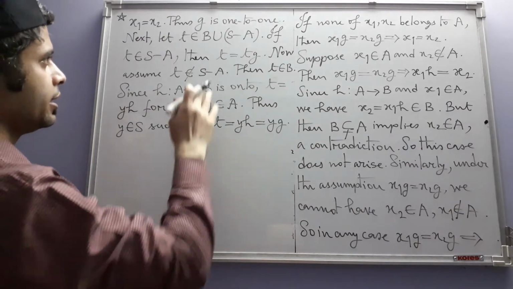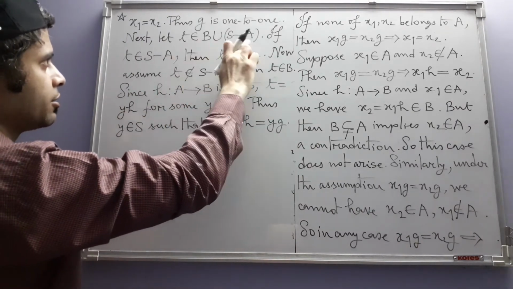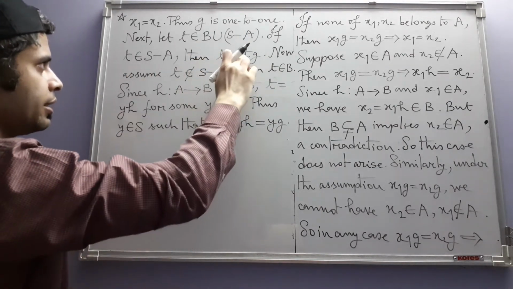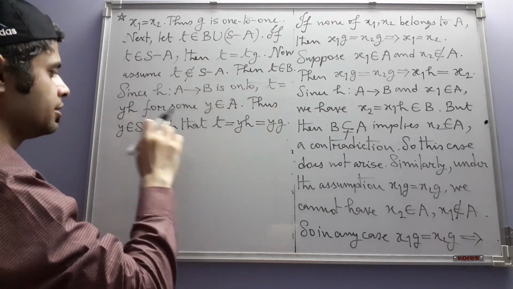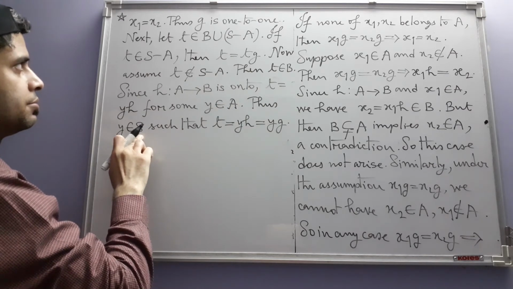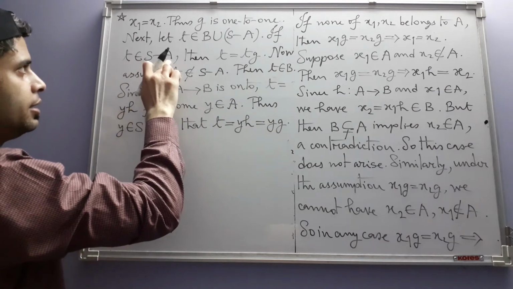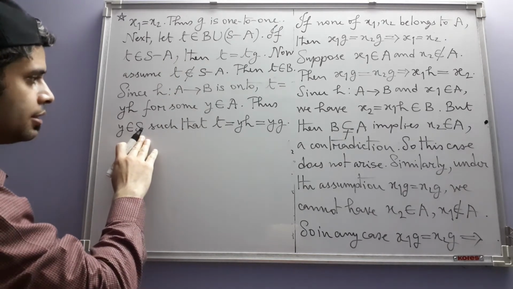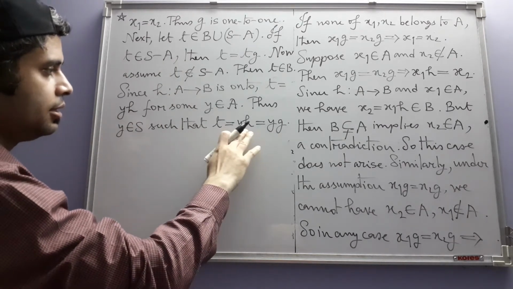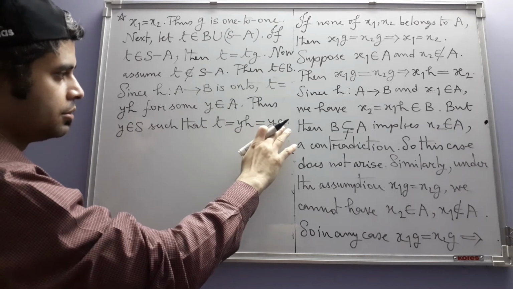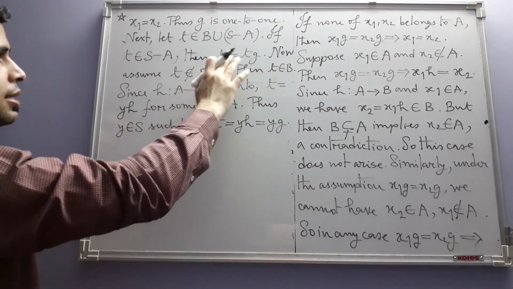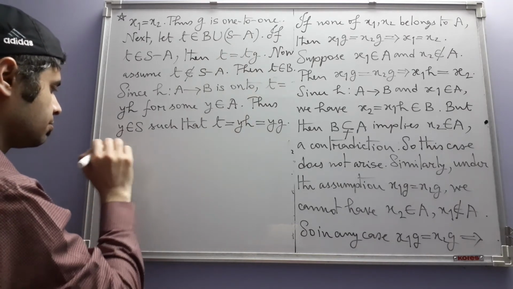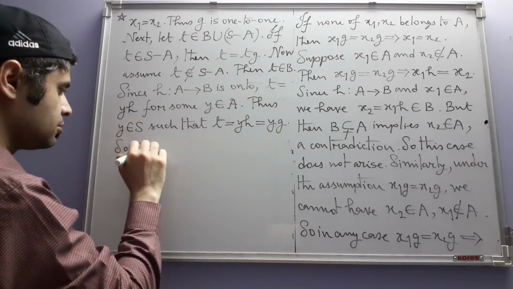So in any case, the arbitrary element of the second set or the range of G is appearing as the image of something in the domain. Here T is in S minus A, after all it's in S. Here also Y is in S such that T is appearing as the G image of Y. Here T is appearing as the G image of T itself. So G is onto.